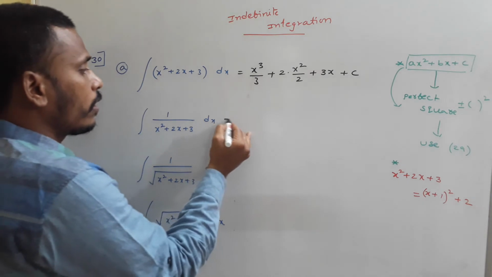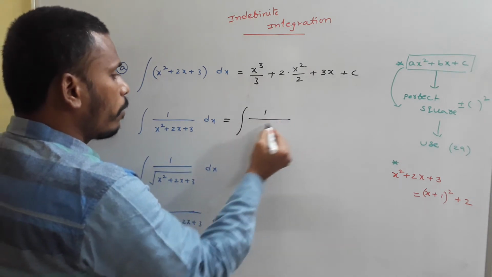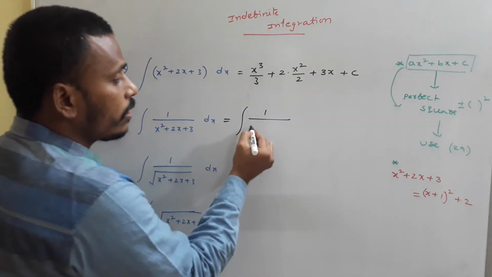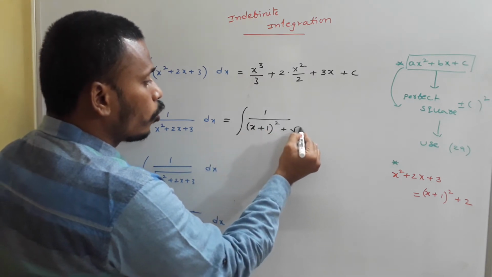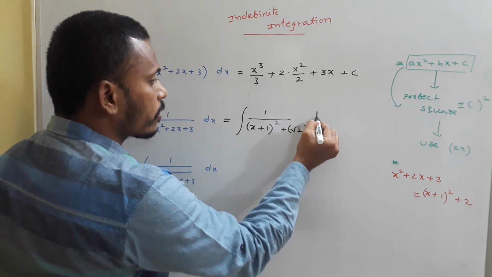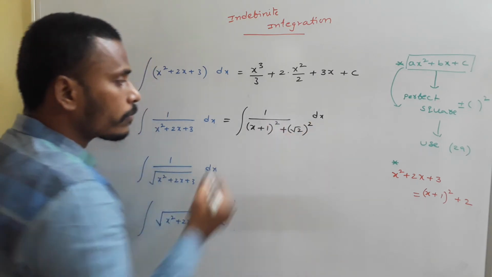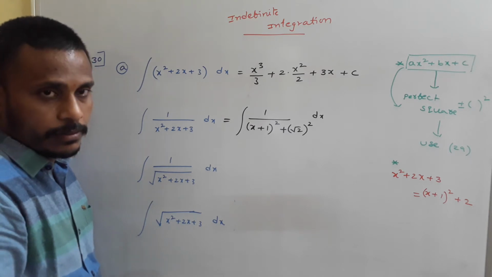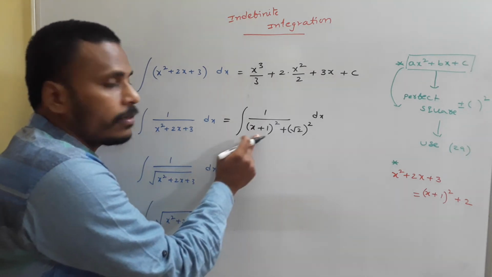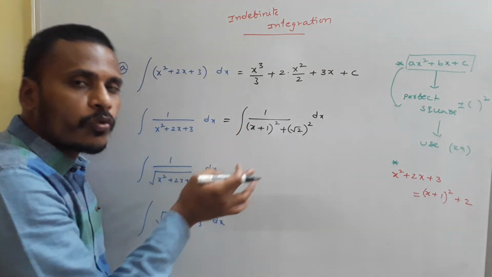Whereas for the next bit, integral 1 by x square plus 2x plus 3 is nothing but integral of 1 by (x plus 1) whole square plus root 2 square dx. How to answer this? As we discussed, this is some t. X coefficient is also just 1 only.